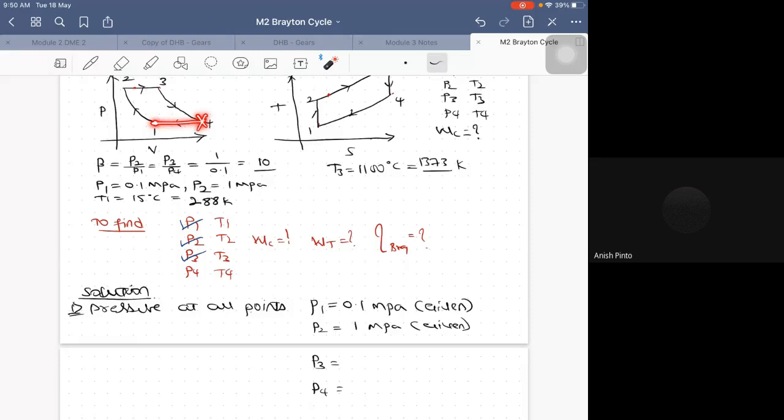So what I can write is P3 is nothing but equal to the value of P2, which is 1 megapascal. You will get 2 marks. P4 is nothing but the value of P1, which is 0.1 megapascal. And there ends our story. That's it. Pressure at all points is calculated. Now, go for temperature at all points.